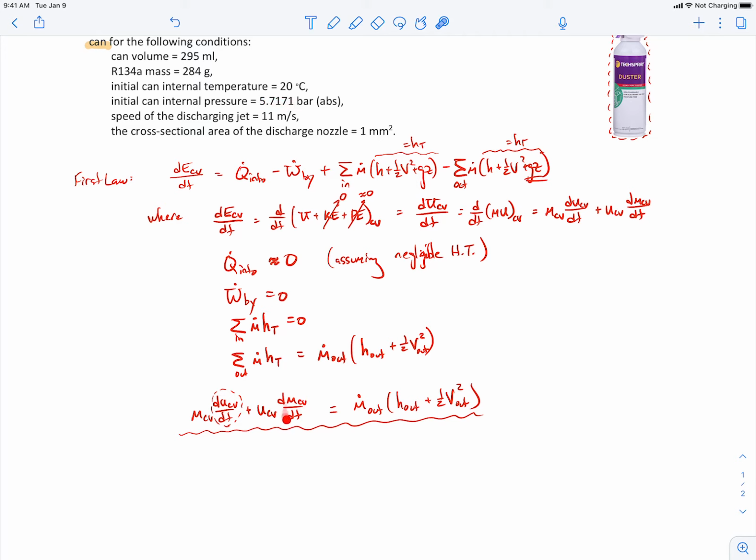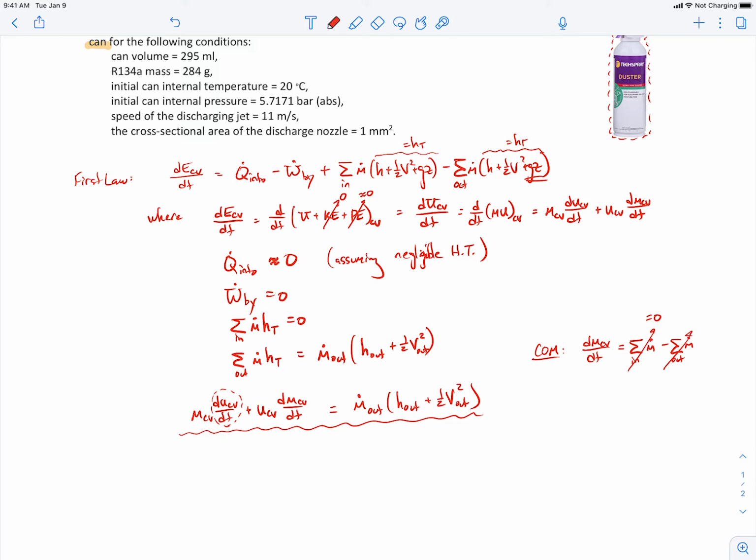The time rate of change of mass within the control volume and the mass flow rate out, those I think will come from conservation of mass. So let me write out conservation of mass right here for that same control volume. Okay, so here, again, there is no inlet into that can, so that's 0.